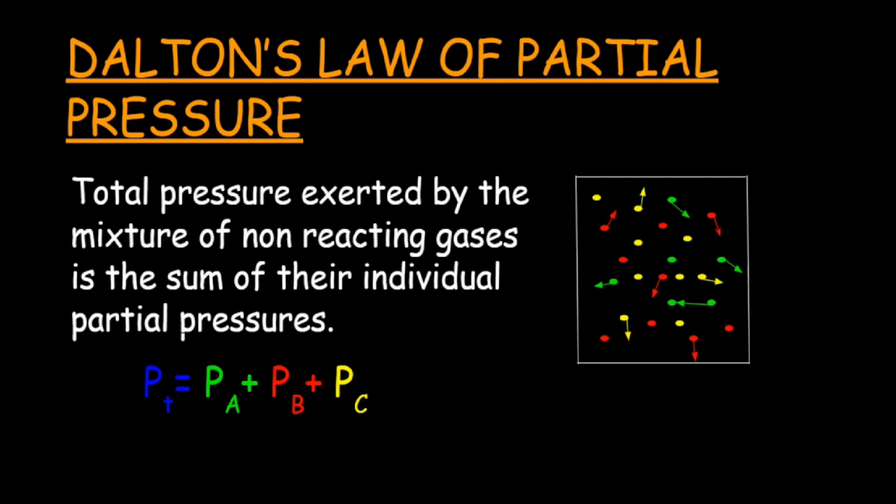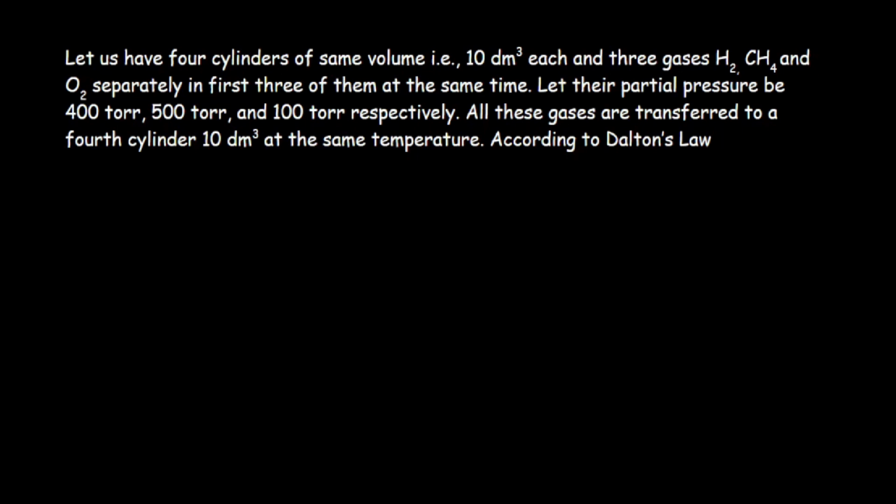Now let's elaborate Dalton's law with an example. Suppose we have four cylinders, each of volume 10 decimeter cube, and three of them enclose three gases, hydrogen, methane, and oxygen, and their pressures are 400, 500, and 100 torr respectively.